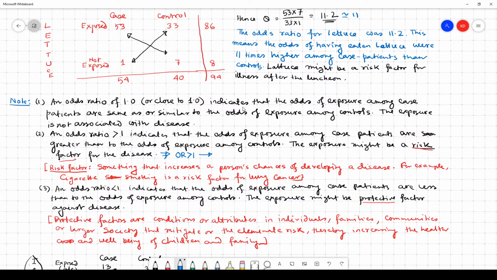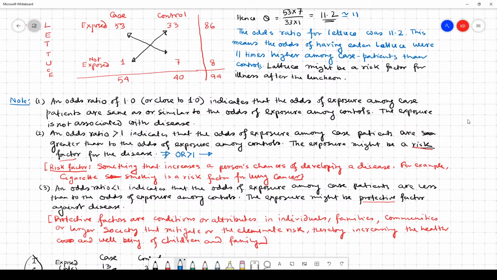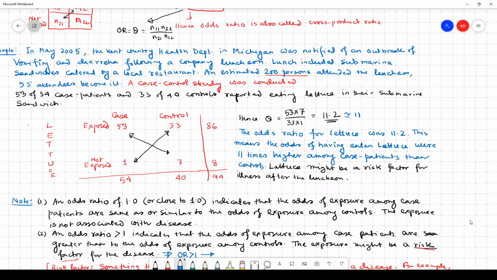Here we see that after lunch, among 200 attendees, 55 became ill. So here 55 is the case, and the control is those who are not ill.